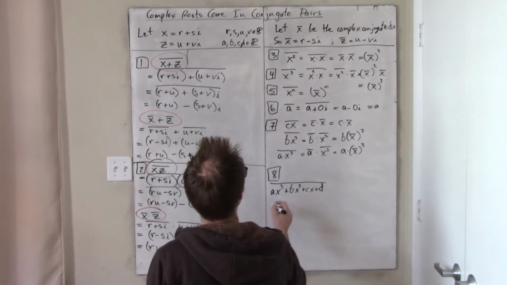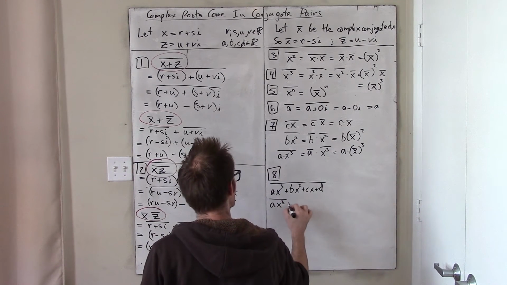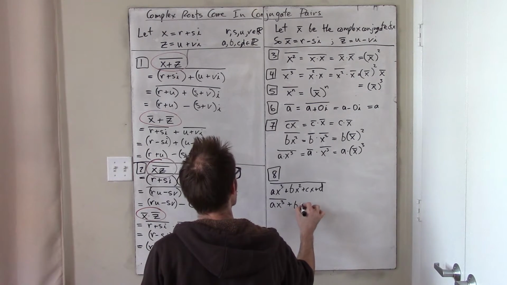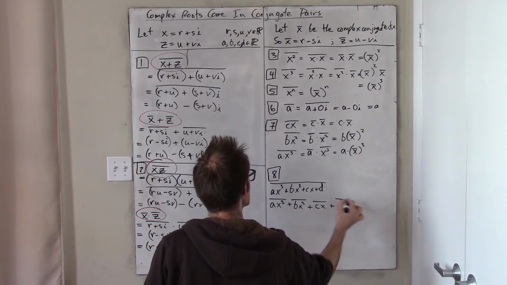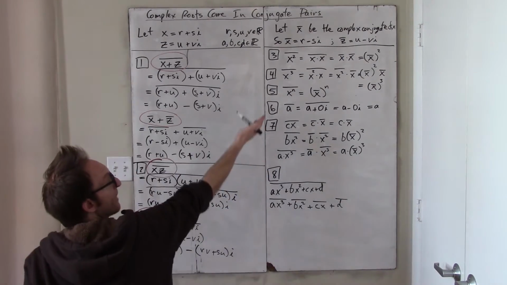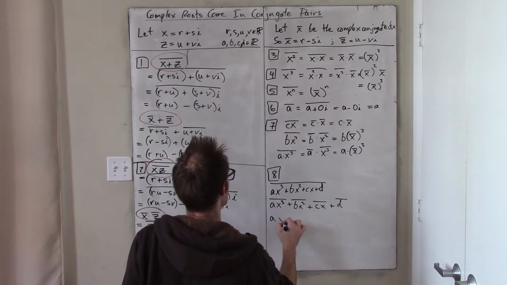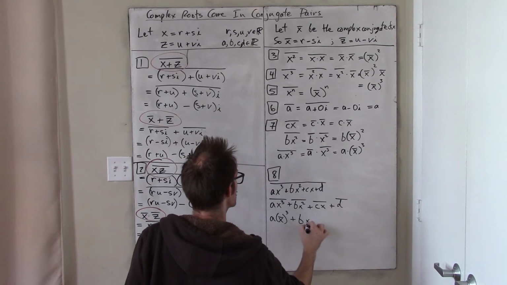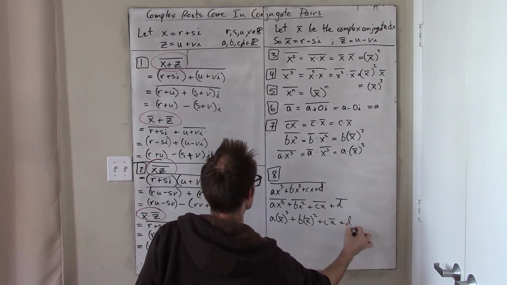So I hope you will agree that this is just a times the conjugate of x cubed plus the conjugate of bx squared plus the conjugate of cx plus the conjugate of d. But now, by rules 6 and 7, we see that this is just a times the conjugate of x cubed plus b times the conjugate of x squared plus c times the conjugate of x plus d.